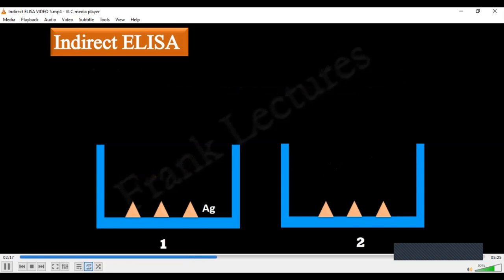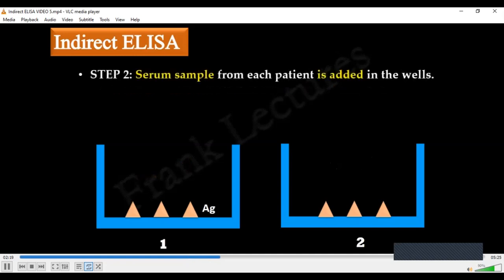In the second step, serum sample from each patient is added in their respective wells. Since the antibody of interest is present in the serum sample of patient 1, these antibodies will bind to the specific antigen present in the well. But no antigen-antibody binding will take place in well 2 because antibodies specific to the antigen are absent in the serum sample of patient 2.